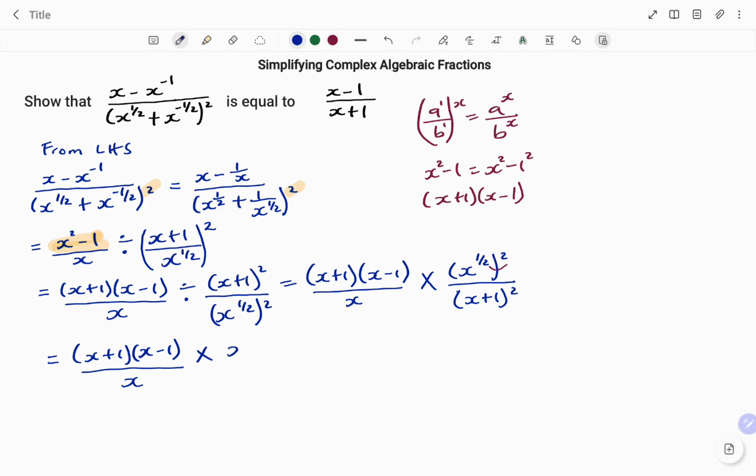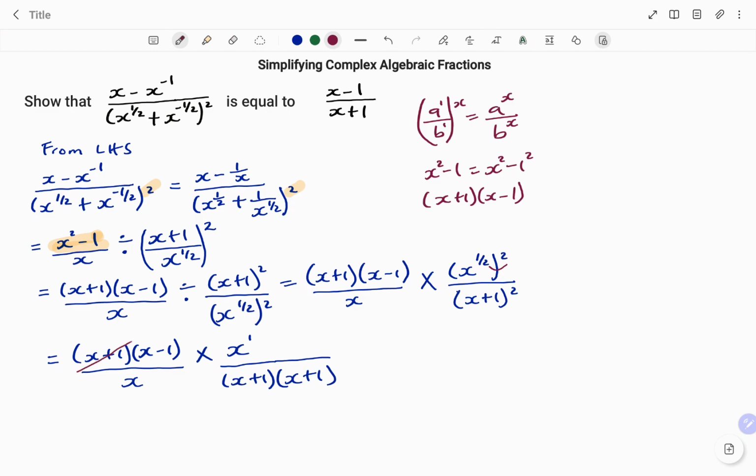So I have x to the power of 1 divided by, I'm going to split up x plus 1 all squared by expanding. I have that as x plus 1 multiplying x plus 1. The next step is to do what I call cross simplification, looking for common factors at the top and at the bottom that can cancel out.